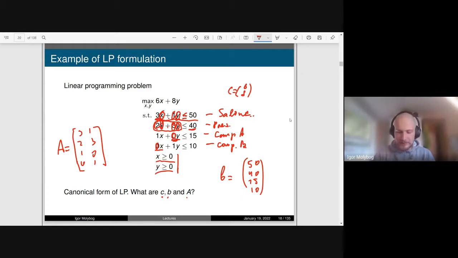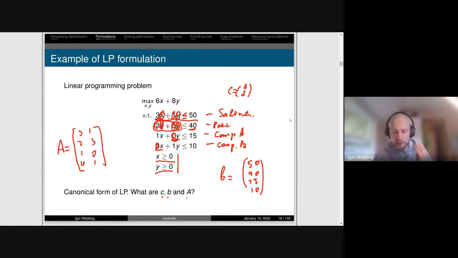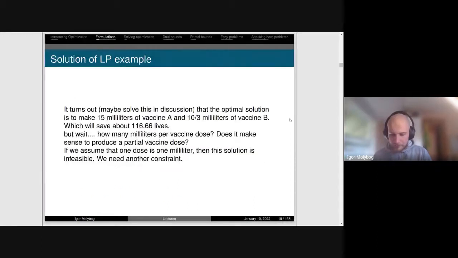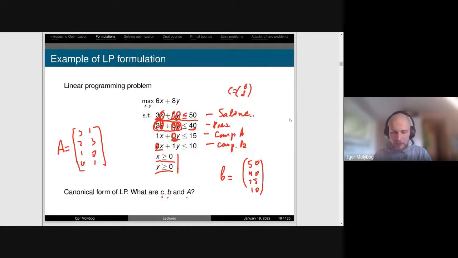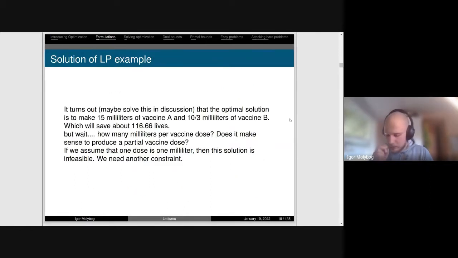So this is exactly the form of an LP that we have had before. You can solve this problem, for example, using the graphical method. We can probably practice it during the discussion.